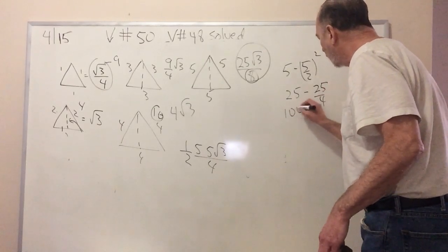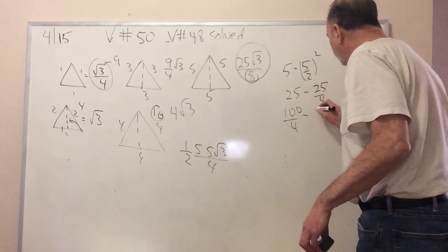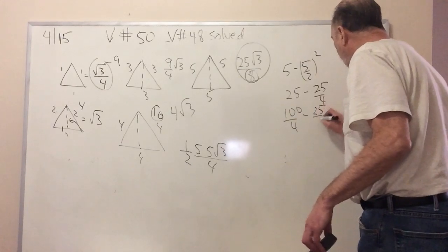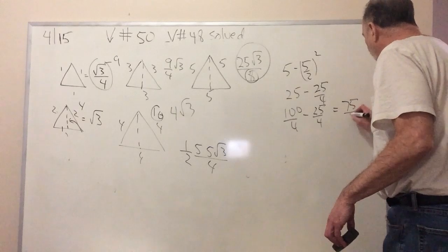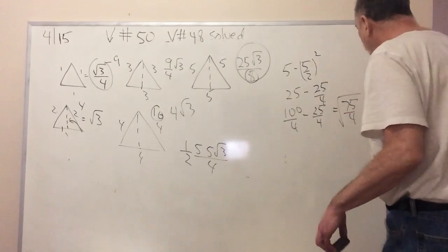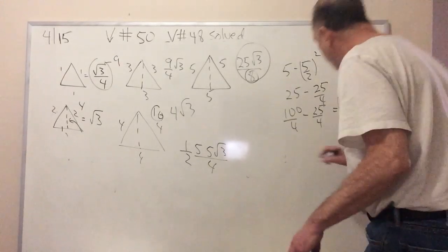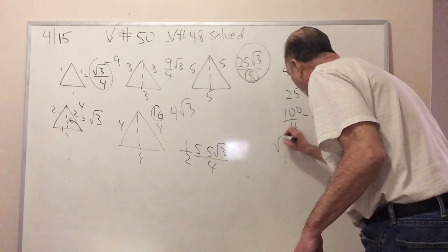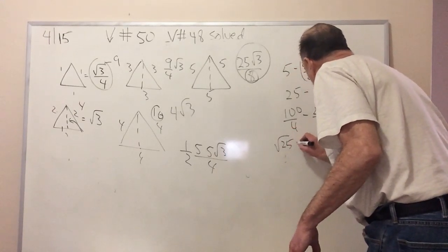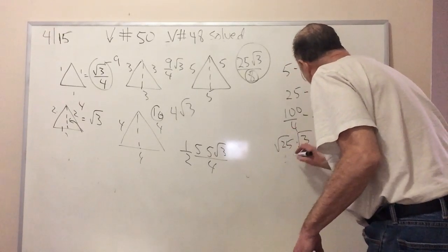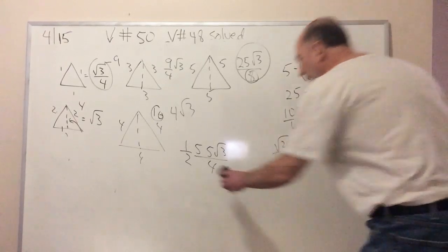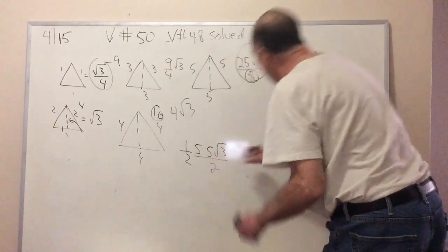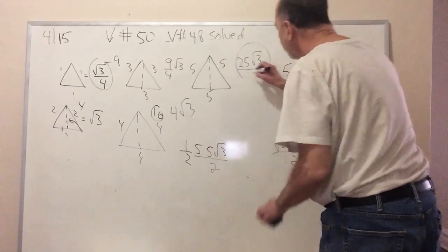That's 100 over 4 minus 25 over 4, which is 75 over 4. Then I take the simplification here, and I get radical 25 times 3, radical 3 over 2, which is 5 over 2. There we go. That was the number that I got wrong, and I hope you see the pattern, okay?